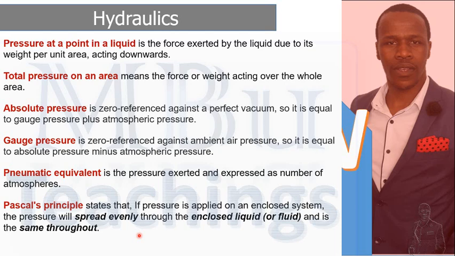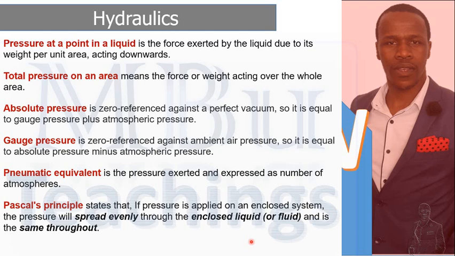I hope you did pause the video and memorized them. I'm sure now you do know the difference between absolute pressure and gauge pressure. If you didn't memorize them, pause the video and study them, not just to memorize them but also to understand them. I hope you did that.